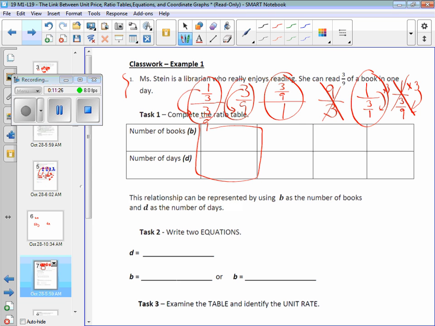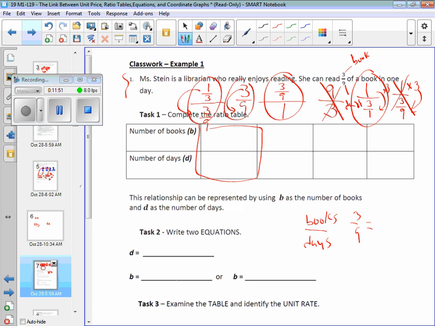3/9 of a book in one day. Let's say I make PRF, and I'm going to do books over days. 3 books, 9 days. 3 over 9.